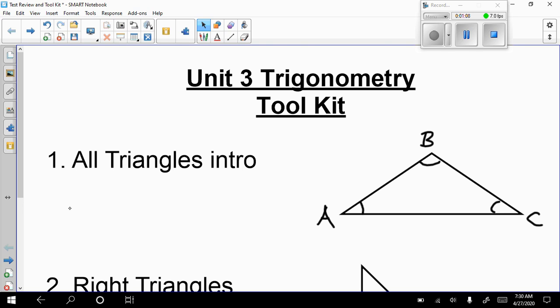We have known from previous years that angle A plus angle B plus angle C equals 180, and that's a very useful fact for us. It helps us easily to get a third angle if we've got two, so always keep that rule in your back pocket.